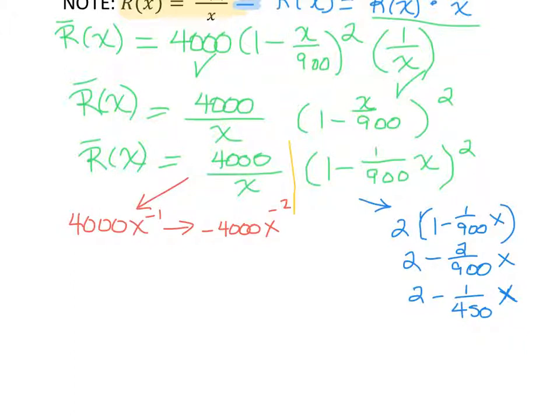And then, of course, I also needed to multiply by the derivative of this, which is 0 minus 1 over 900. And the derivative of 1 over 900x is 1 over 900. And that, of course, is going to be multiplied by this whole thing.